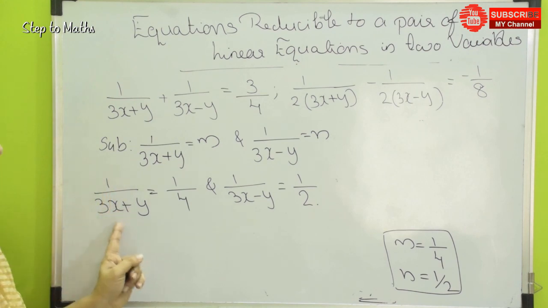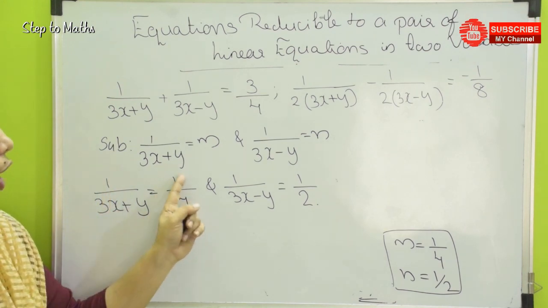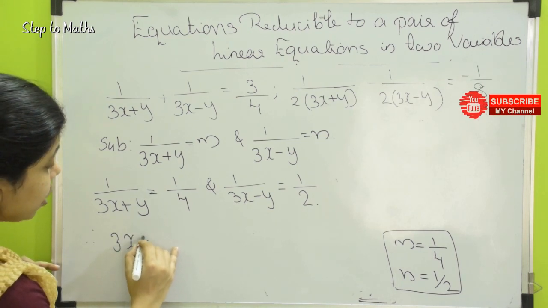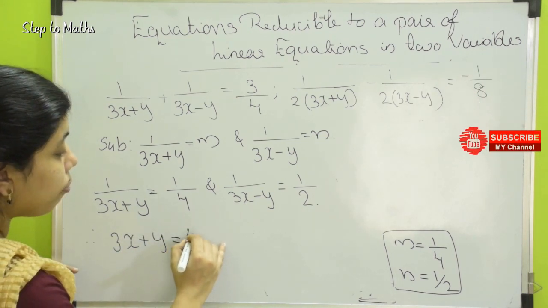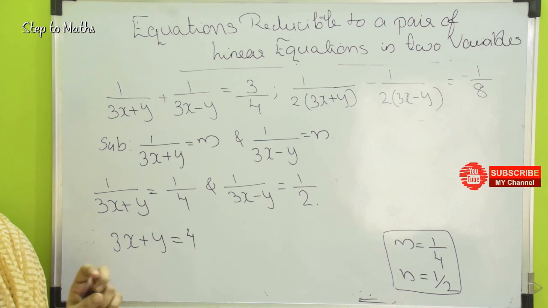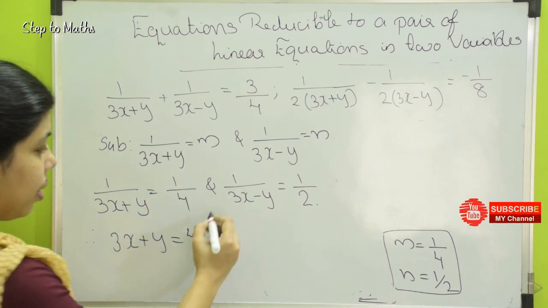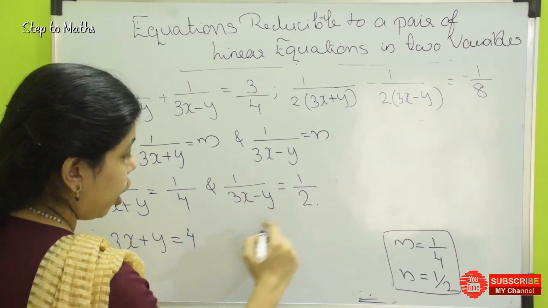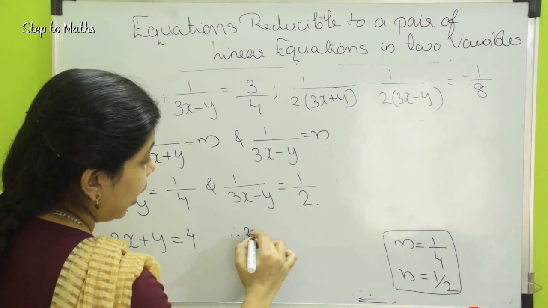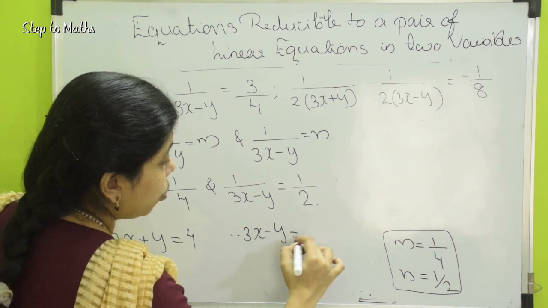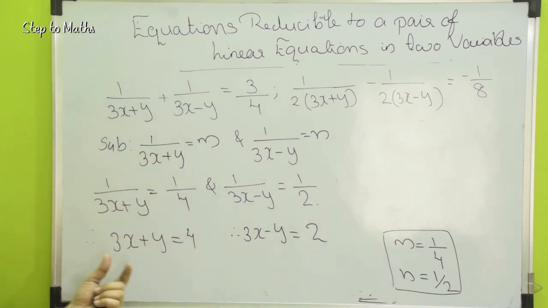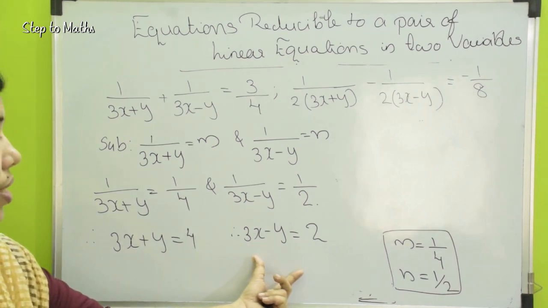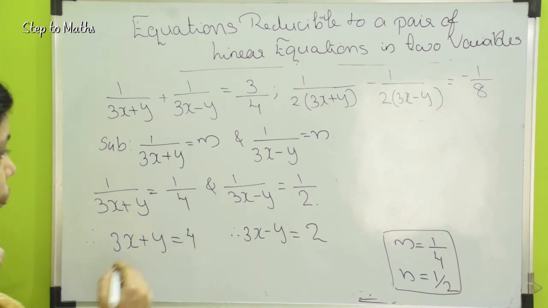So, 1 upon 3x plus y equal to 1 upon 4. Therefore, taking the reciprocal, we can write it as 3x plus y is equal to 4. And 1 upon 3x minus y is equal to 1 upon 2. Therefore, 3x minus y equal to 2.